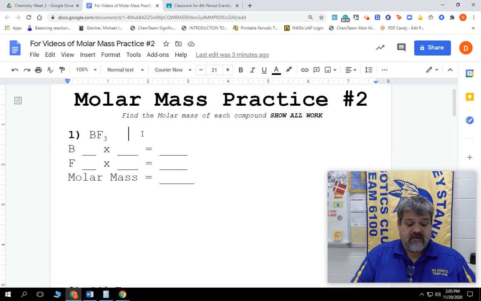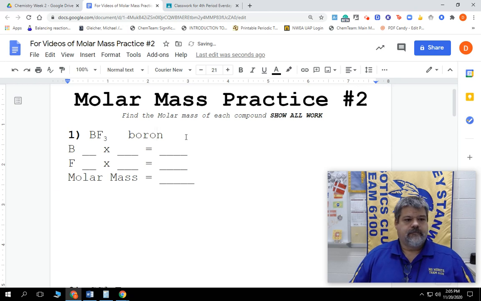So we're going to call this boron fluoride. One way to make sure you spell fluoride right is that it's not "flower-ide", it's fluoride. So there's our name, and now we have to calculate the molar mass.